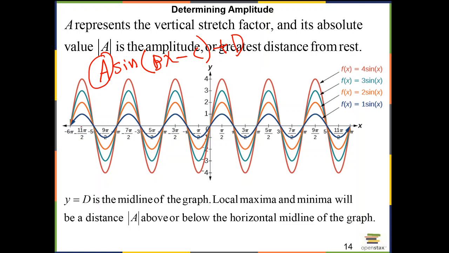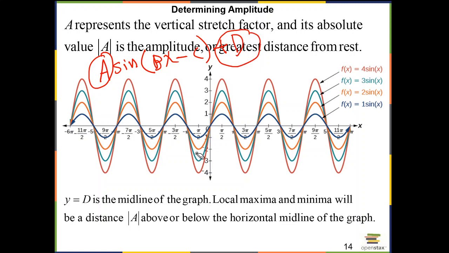And notice here the amplitude changes as a gets bigger and bigger, right? And we saw it in that animation. You see amplitude here is 1, 2, 3, 4. So y equals d, this number right here, is the midline.